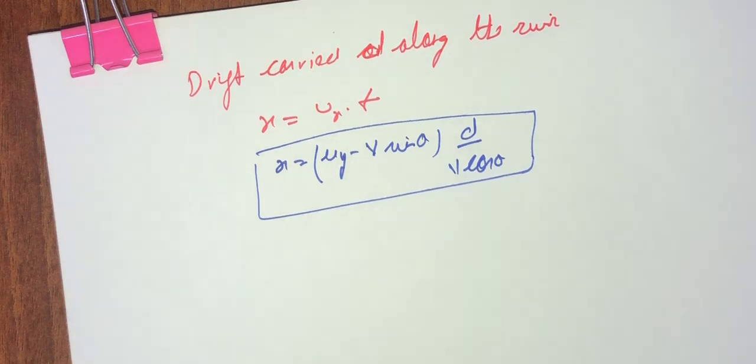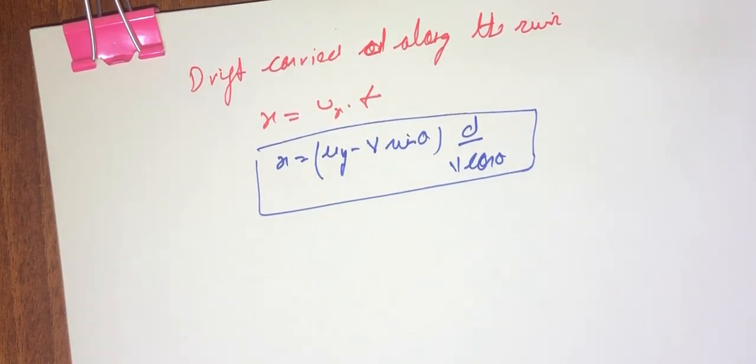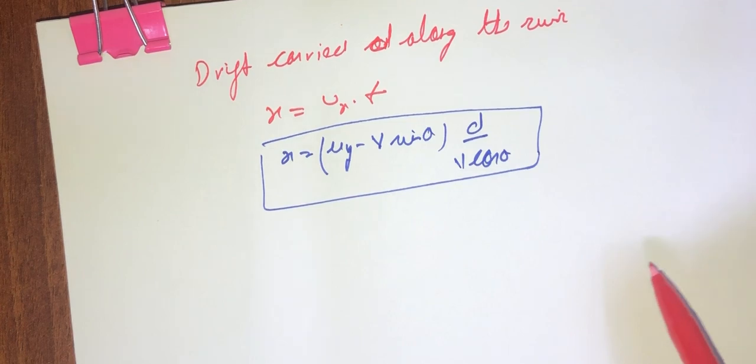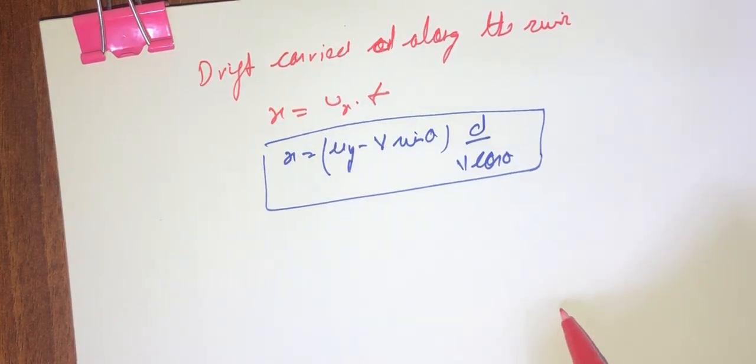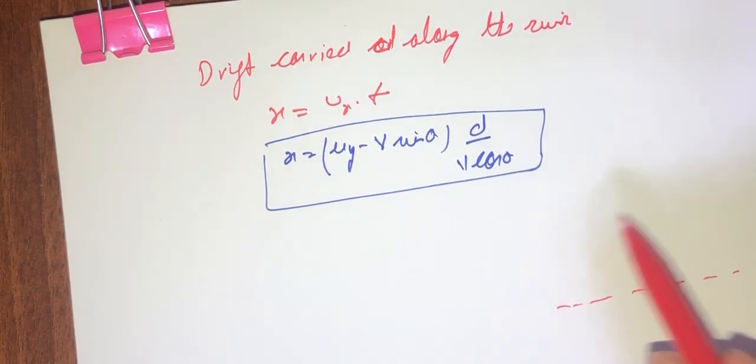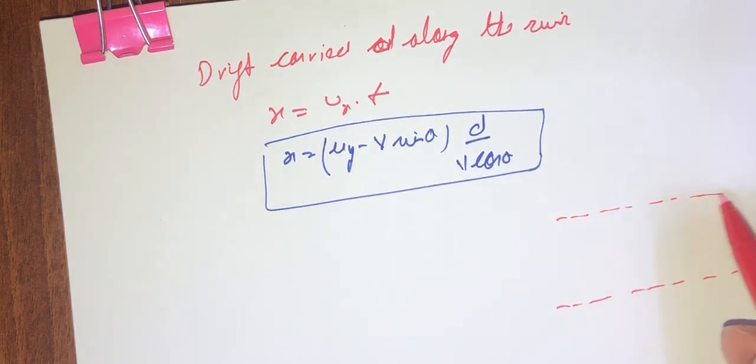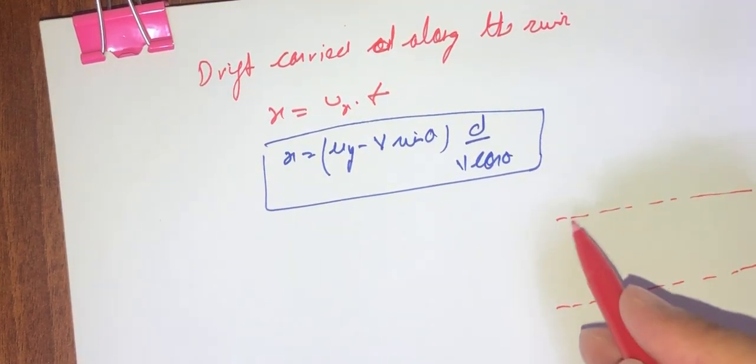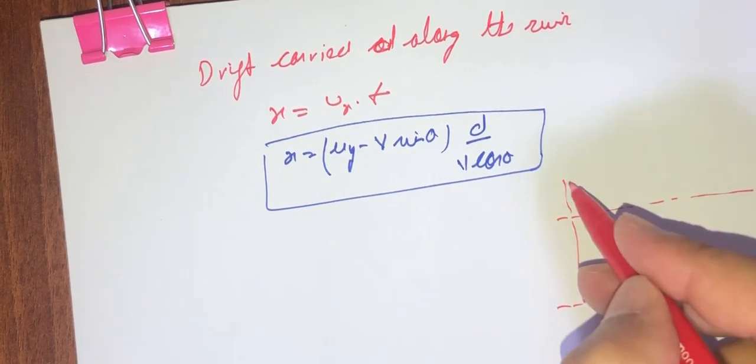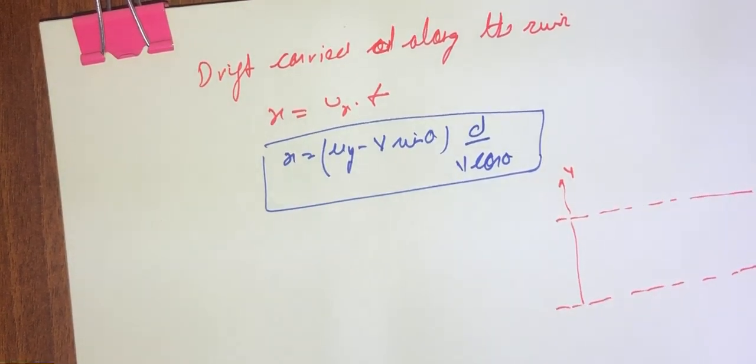Okay, now we can make slight changes in the expression. We once again consider a case. Let us say that this is the river, this is our x-axis and this is our y-axis.